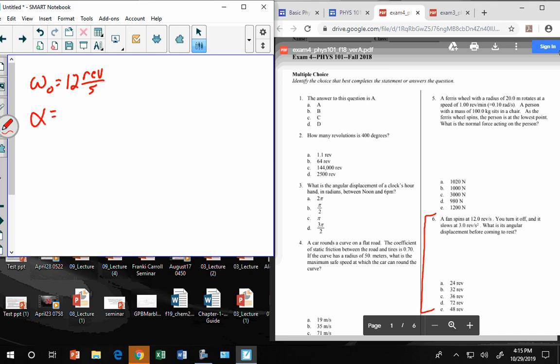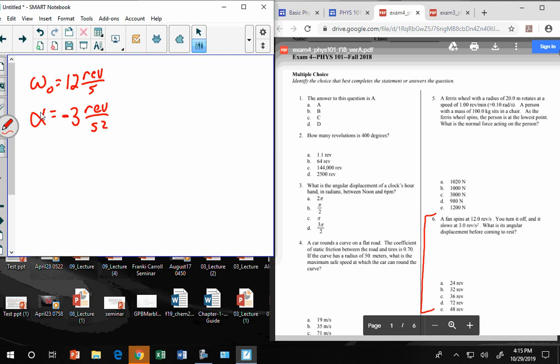So alpha is 3 revolutions per second squared. Now, I got to be careful. See, I put that word slows, and so I know that if it's slowing down, the acceleration is opposite the direction of the velocity. So that tells me this is negative.